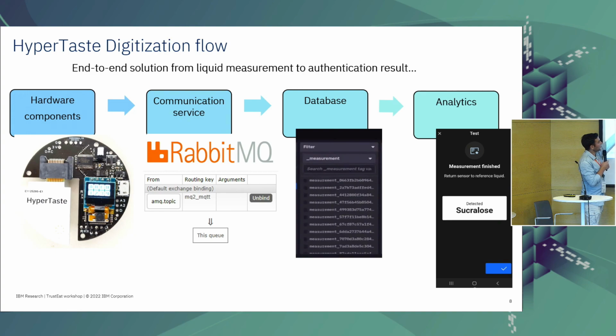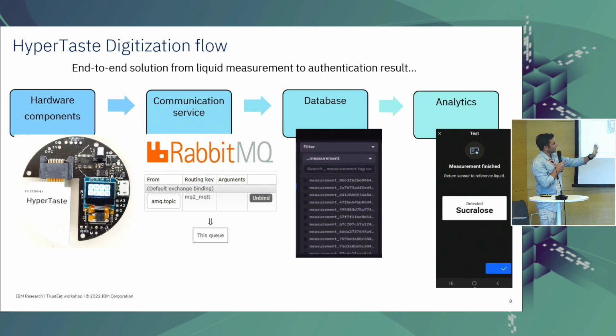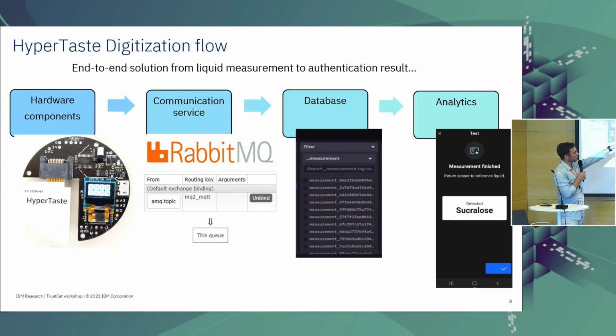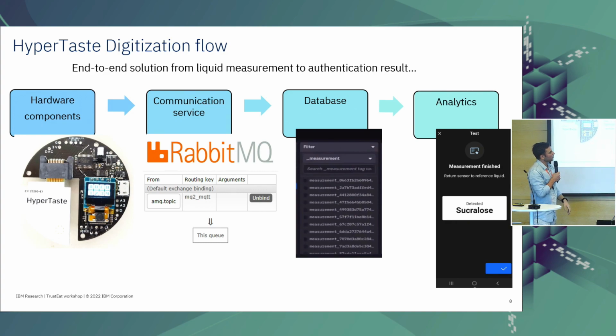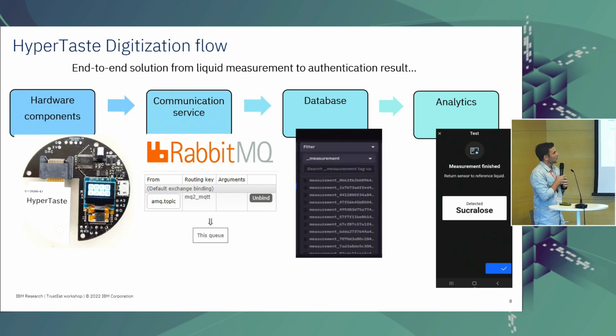Then we have an analog to digital converter, because, as I said, we need the information to be digital. Then that information is passed through the communication service, and this can go to the database that can store all the measurements that we performed, and each of these measurements can then be used with analytics in order to identify the liquid that we measured.